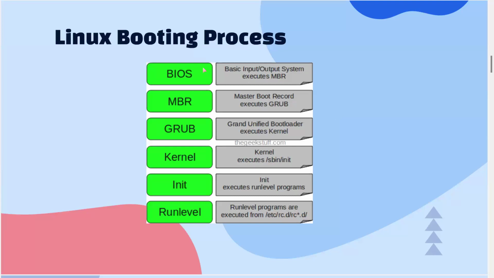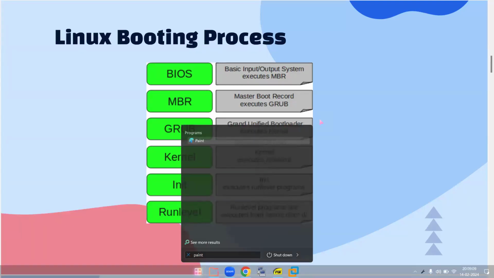In Windows it's almost the same. There are a few steps added, not the exact steps as here, but a few are added. Let me open Paint and explain what this actually is.